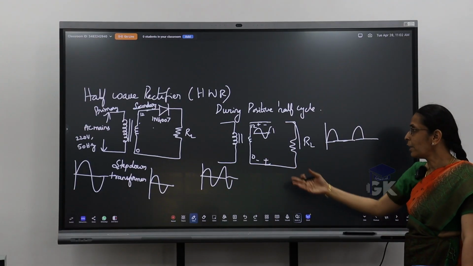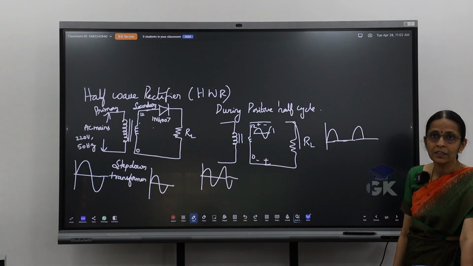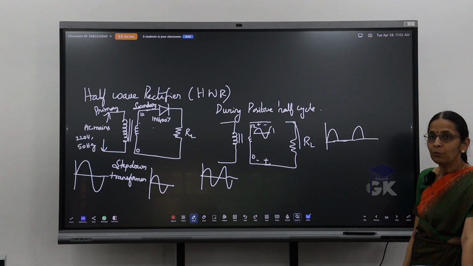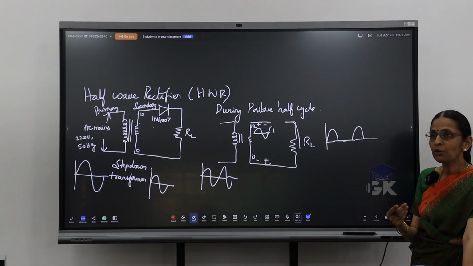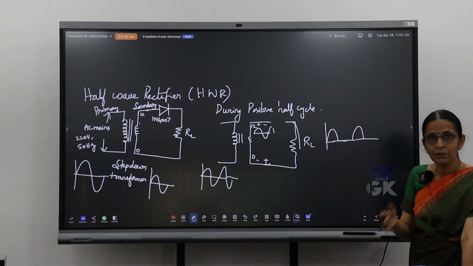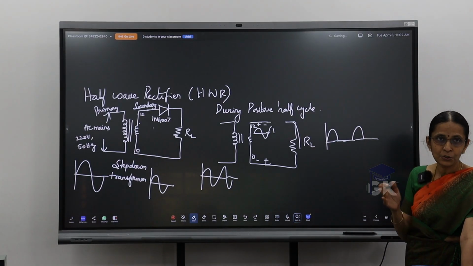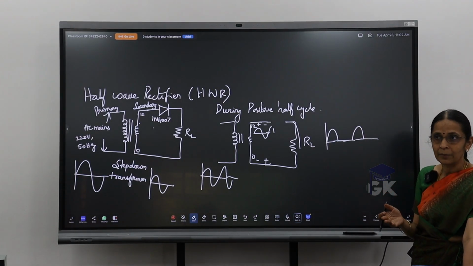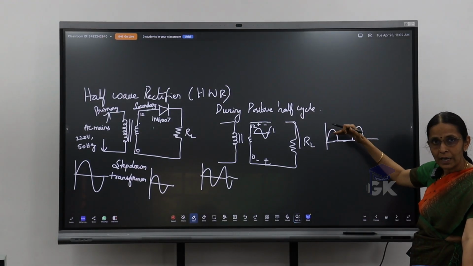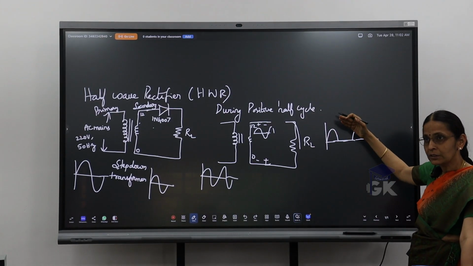Okay. So, here according to this circuit, which half cycle is rectified? Positive half cycle. I was correcting your statement when you told rectification means converting AC to DC. Don't use DC, it should be pulsating DC. It is unidirectional. My output is only in one direction, only in the positive axis.